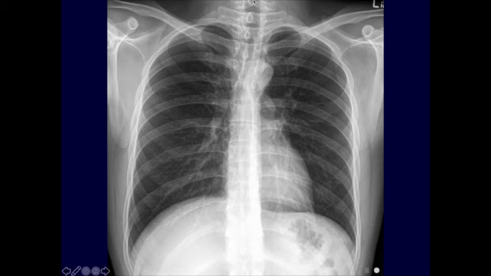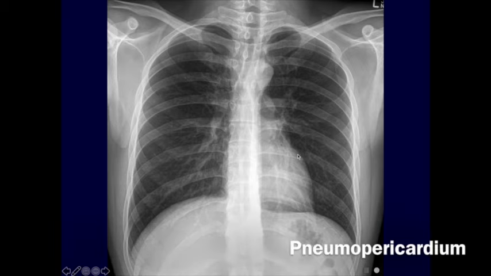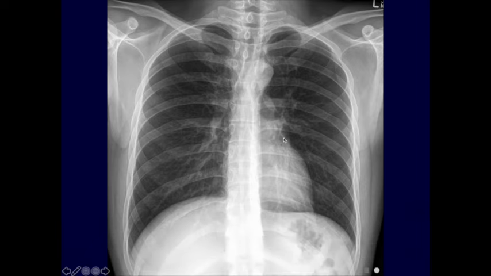When we have pneumomediastinum or pneumopericardium, what's the difference? Well, pneumo just means gas or air, and if it's pneumopericardium, it's gas in the pericardial sac that stays in the pericardial sac, and the reflection of the pericardium ends at the base of the great vessels. So you're only going to see gas below that level in pneumopericardium.